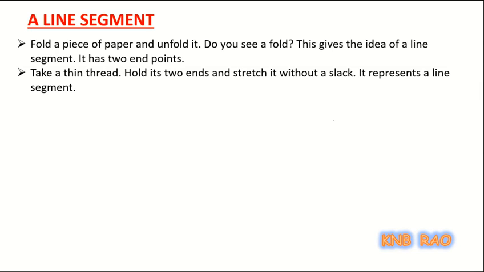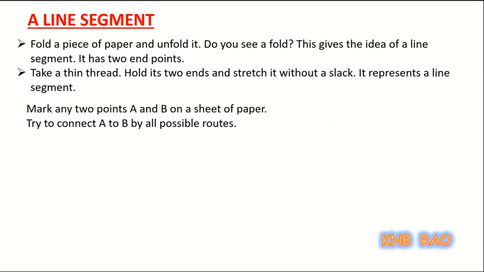Students, we can even do an easy third activity. Come on all of you, start doing along with me. Take any 2 points on the paper, mark A for one point, B for another point. Try to connect A to B by all possible routes, however you want.